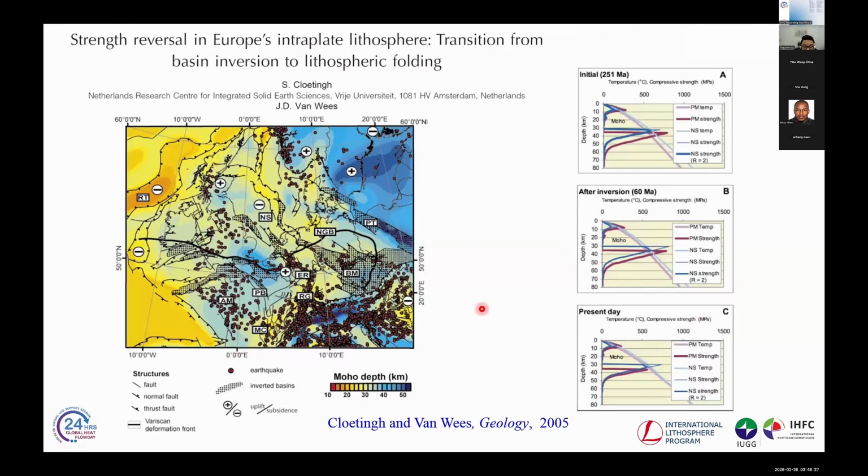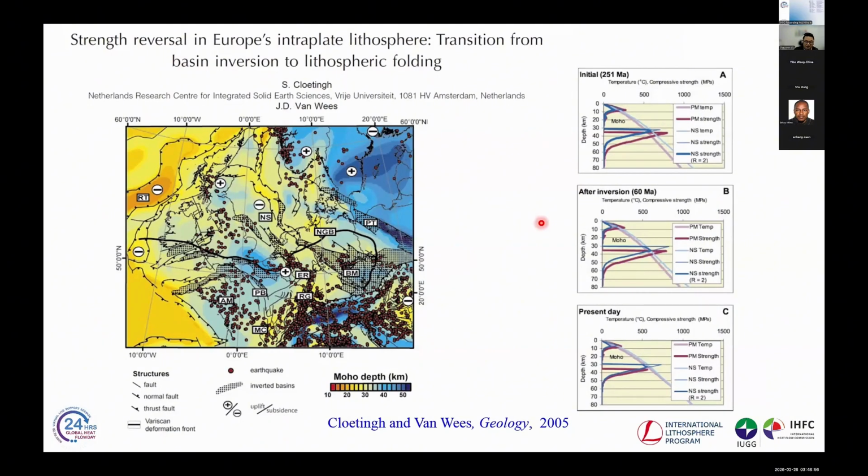This is another case from North Europe by Professor Cloetingh and Van Wees in Geology 20 years ago. They talk about tectonic basin inversion and intraplate deformation in North Europe. They think this is also due to changes in the strength of the lithosphere, which they call strength reversal.